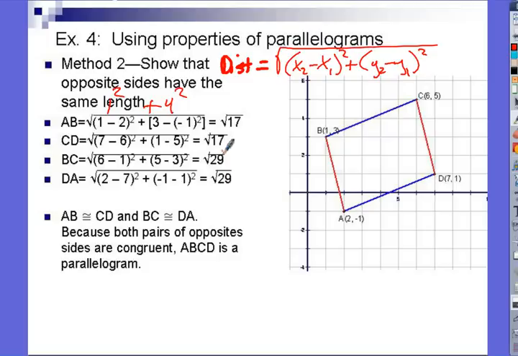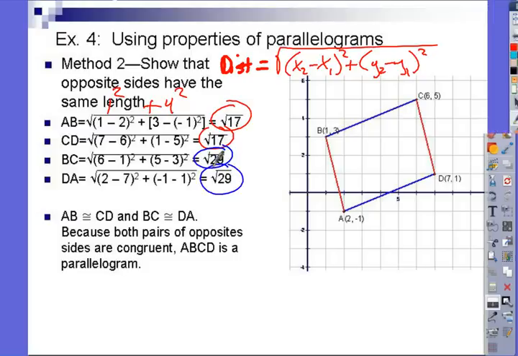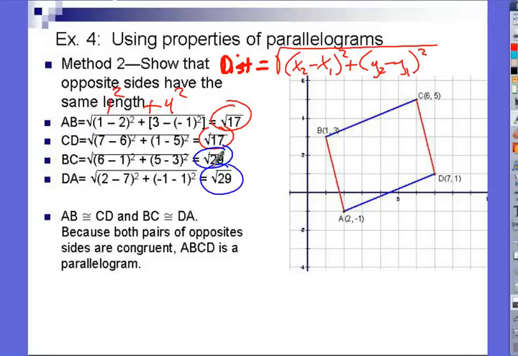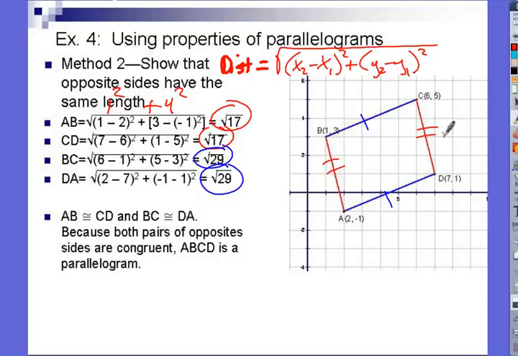If I get square root of 17 from the other side, which I do, then I know that they're congruent. If I did the same thing for the blue segments, I'd get square root of 29 for both of them. So I just showed that those sides are congruent and those sides are congruent. So that's a parallelogram.